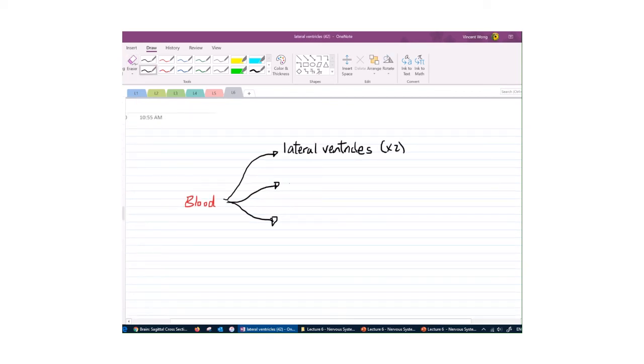You're gonna have choroid plexus in the third ventricle, and then you're gonna have them in the fourth ventricle as well. So in all these structures, you're gonna have the choroid plexus, and they are going to be creating the CSF from the blood.